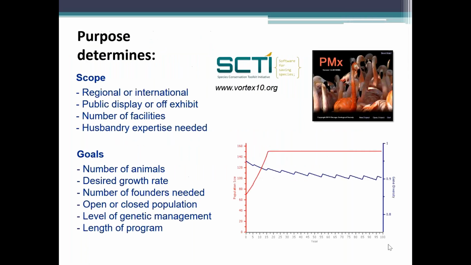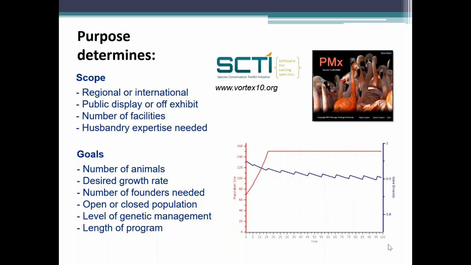And so, for example, you need to think about things such as, is this going to be a regional program or international? Will the specimens be on public display, or do they need to be away from people? How big does the population need to be, and how does it need to be managed? How many facilities will be involved, and what kind of husbandry expertise do you need? So all these kinds of characteristics will be very different depending on the purpose and goal of that particular population.